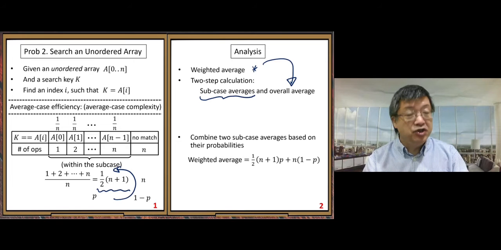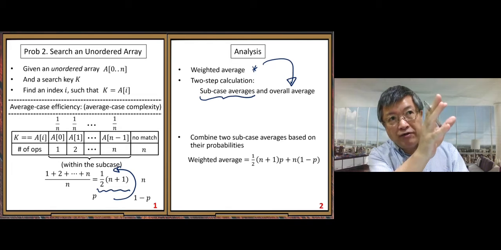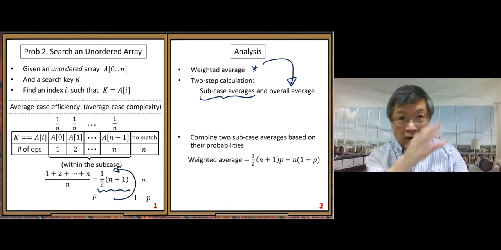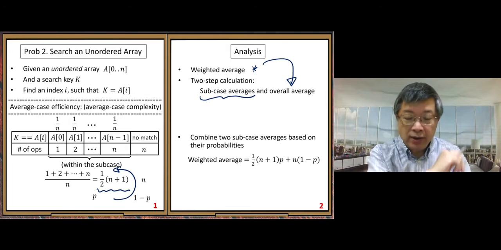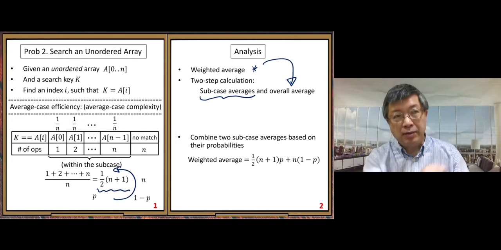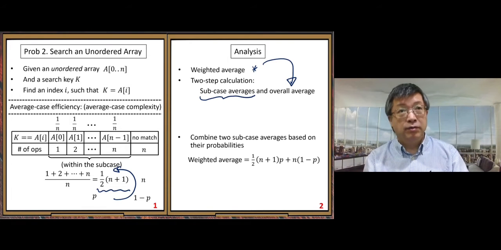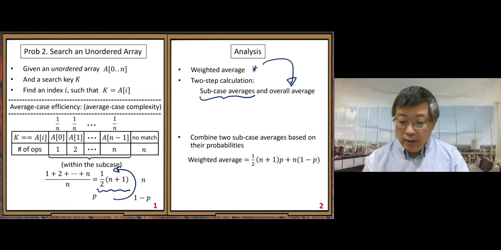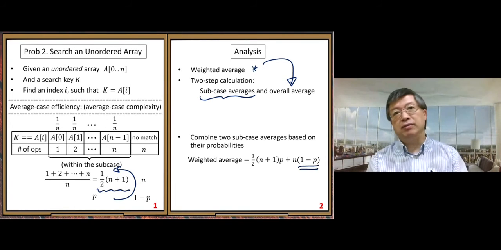The weighted average equals the average number of comparisons, 1/2 times (n plus 1), multiplied by its corresponding weight p, plus the average case for the second subcase, n, because only one case, so the average case and the comparison number for that case are the same, multiplied by its corresponding weight, 1 minus p.